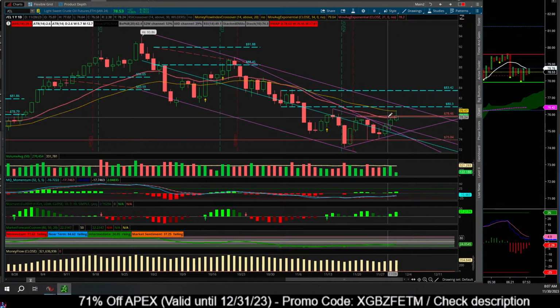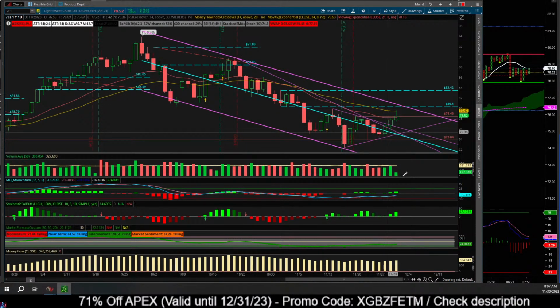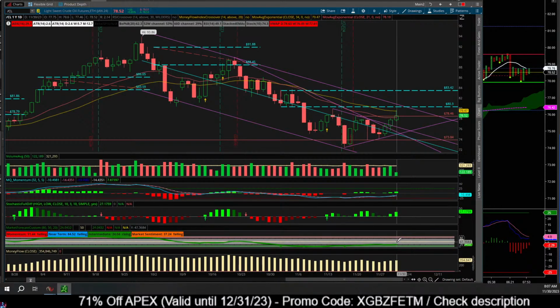And now price is in between the two moving averages. For me, this is a little bit of a bullish sign. If you see also, let's touch that, there's a couple of interesting levels here.